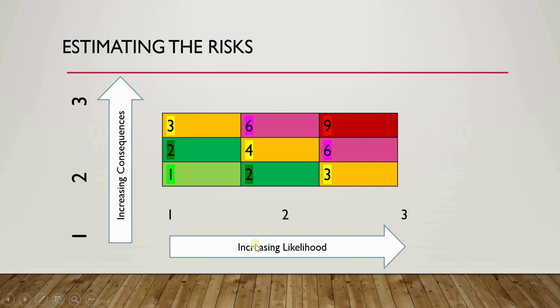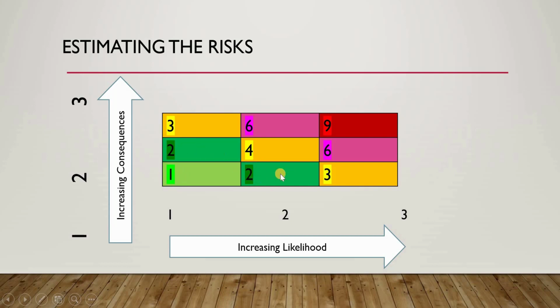So we have to calculate the risk in chart form. Estimating the risk might take this shape: increasing consequences 1, 2 and 3, and increasing likelihood 1, 2 and 3. Here the likelihood is more and here the consequences are more. So as we go from this side to the right, and from below to the top, the likelihood and the consequences increase. So on the one spot the risk is very low.